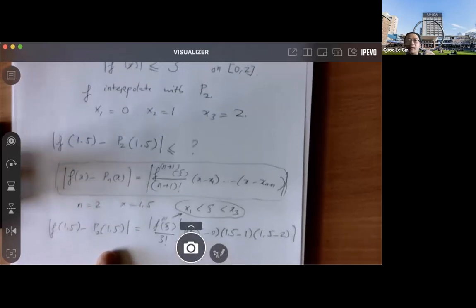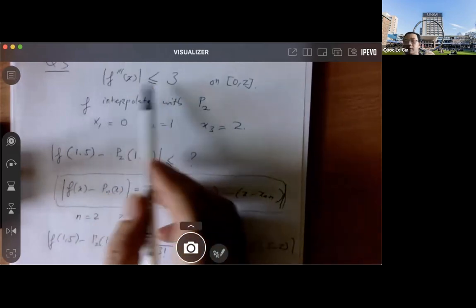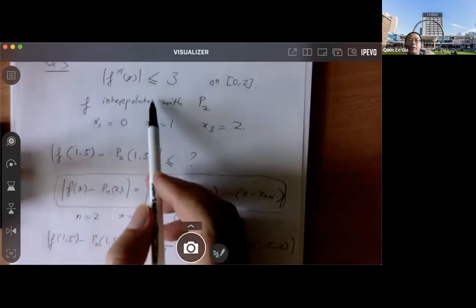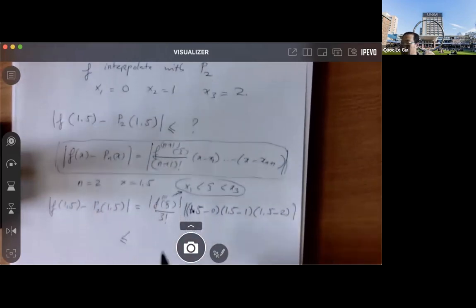So because we want the estimate only, right? So let's say that the third derivative absolute value is less than or equal 3. So just say that, okay, less than or equal 3, and 3 factorial just equals 6. And now everything is just a positive number here. So 1.5, 0.5, and 0.5.